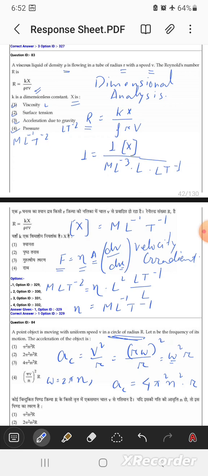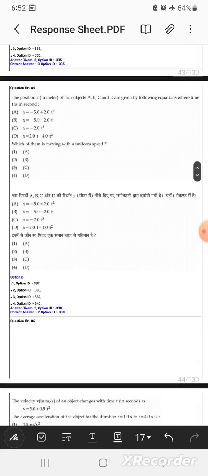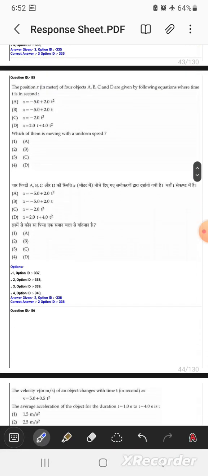Now moving to the last question of this part. This was one of the easiest questions I have seen in this paper, and the question is: the positions of 4 objects A, B, C and D are given with the following equations, where time t is in seconds. Which of them is moving with uniform speed?